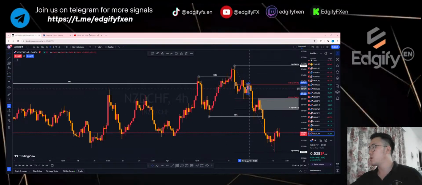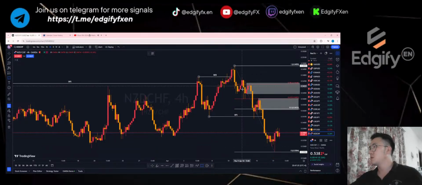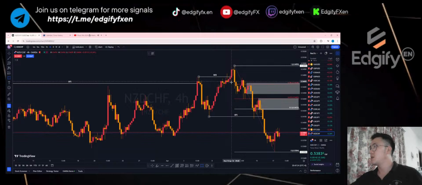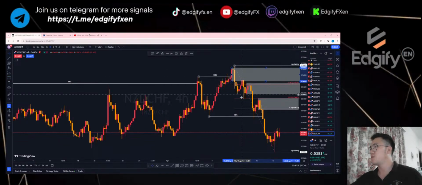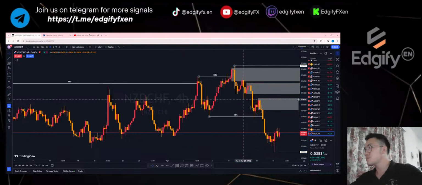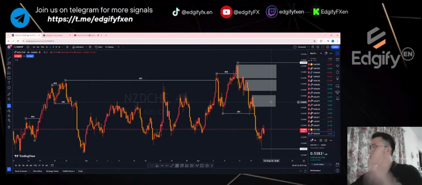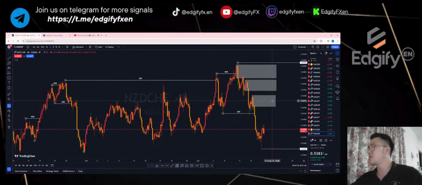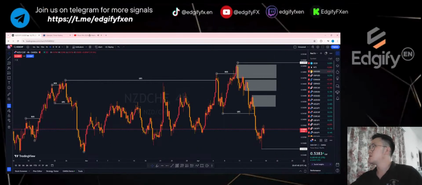We can select this whole block as well. It's not mitigated. Alright, this one is mitigated already, if we see. And of course this one as well is already mitigated also, at this level. Okay. So in NZD CHF, we are just waiting for this retrace back to this level, and then we'll be looking for opportunities to actually sell it back.